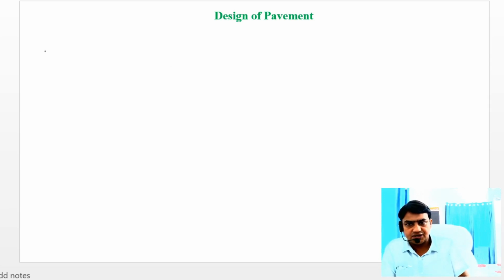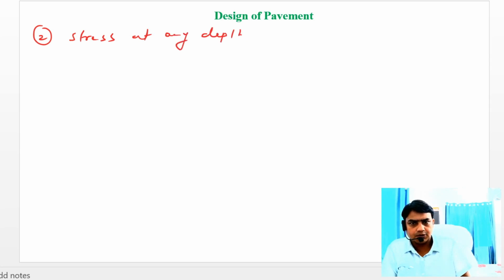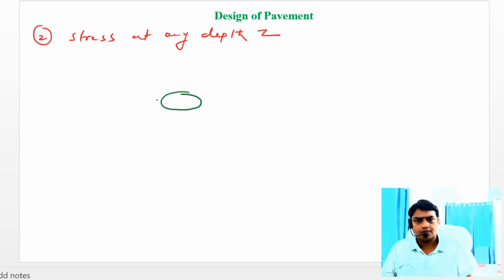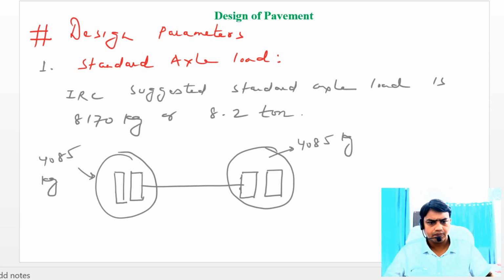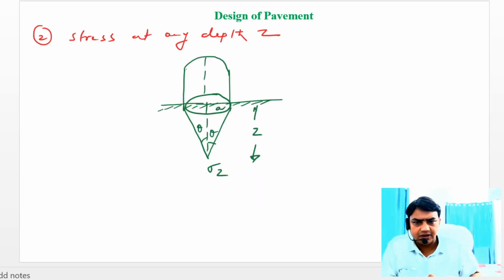Similarly, the second parameter is the vertical stress, that is, stress at any depth Z. Stress at any depth Z can be computed by the Boussinesq formula for a circular loaded area.